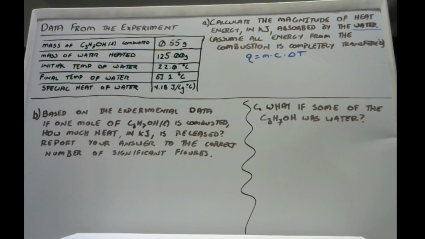It's also the equation for heat transfer or energy absorbed, or however you want to phrase that. But it is the single most useful equation for this. Whenever I hear heat or transfer or change in temperature of a substance, especially if I see a specific heat, this is the equation I think of. And I have got all of that information. It asks for the answer in kilojoules, so we have to be very careful about that.